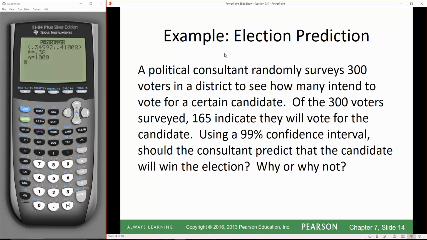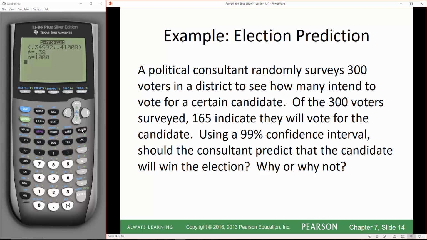So here's another example, an election prediction. A political consultant randomly surveys 300 voters in a district to see how many intend to vote for a certain candidate. Of the 300 voters surveyed, 165 indicated they will vote for the candidate. Using a 99% confidence interval, should the consultant predict that the candidate will win the election? Why or why not, right?